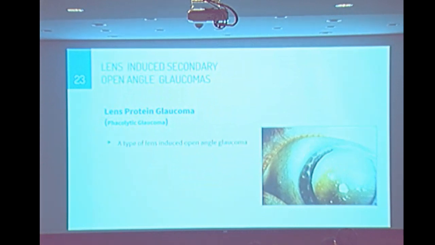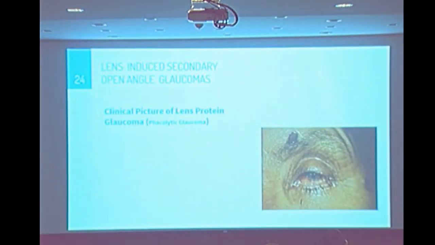It's a type of lens-induced open angle glaucoma, described by Flocks and Zimmerman in 1943. Flocks defined it as a phacolytic glaucoma, resembling hemolytic glaucoma and other glaucomas, due to the macrophagic response to the abnormal material in the anterior chamber: the macrophages engulf this abnormal material, get swollen, and obstruct the trabecular meshwork. However, later on, the situation is totally different as far as the mechanism.